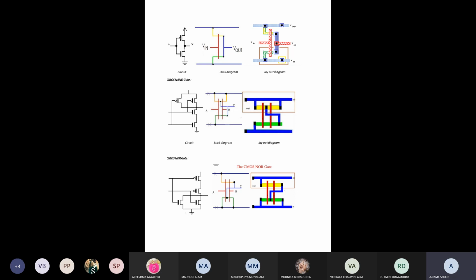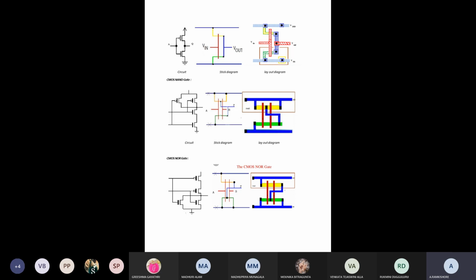To reduce extra connections, we simply use the same material, which represents an electrical contact, so we need not make an extra connection. For the output, we connect the two colors with metal, the blue color, and that is extended to Vout.